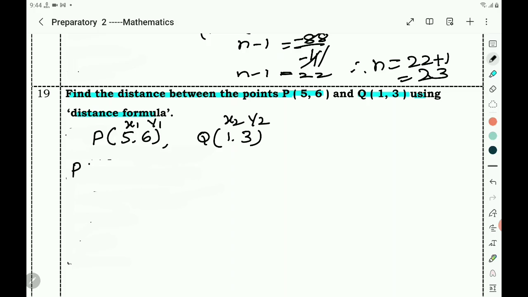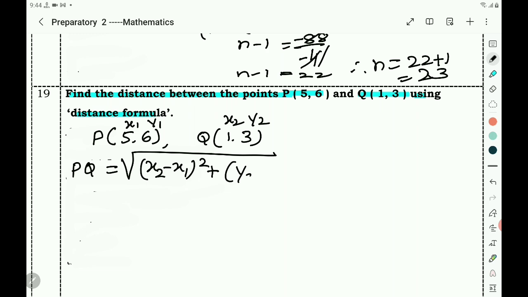Then PQ is the distance between them. Write PQ is equal to what? Square root of x2 minus x1 whole square plus y2 minus y1 whole square, equals x2 minus x1 is 1 minus 5.